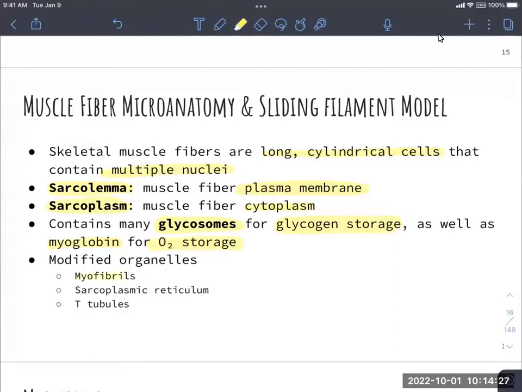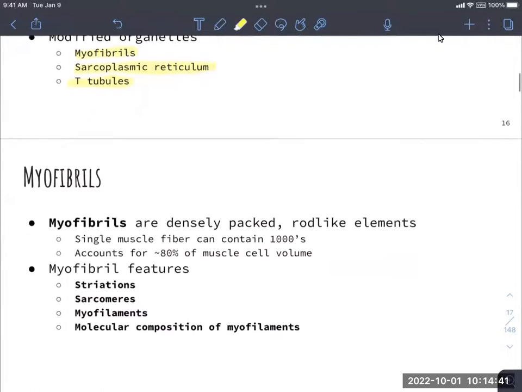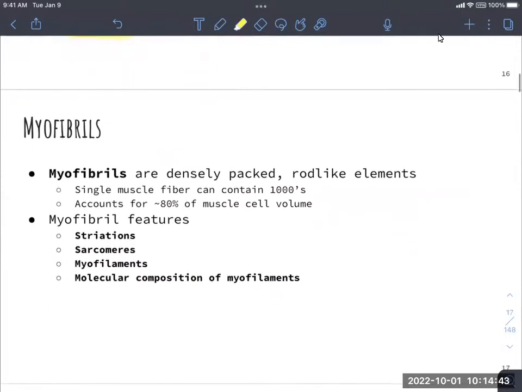We have myofibrils, a sarcoplasmic reticulum, and T-tubules. Those all are different organelles found inside a muscle fiber. So what are these myofibrils? Myofibrils are kind of rod shaped, and there are lots of them.